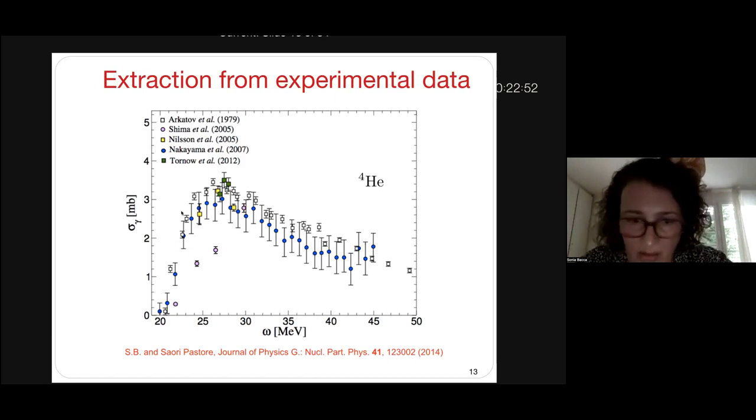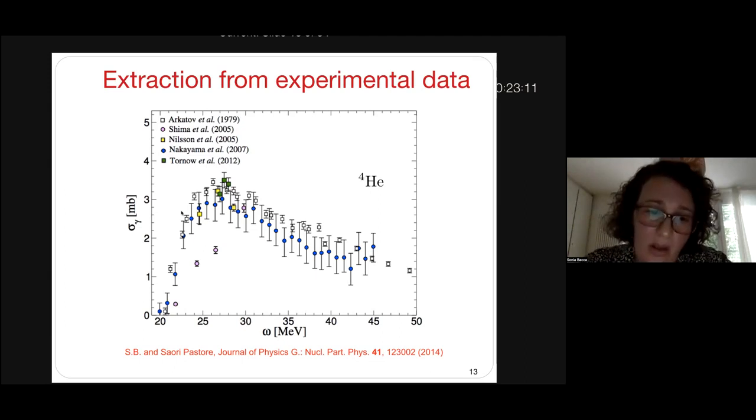That's a way to get a handle on the dipole response function. If you have that, you calculate a special sum rule and you have the leading order term of the two-photon exchange. But if you look at this figure, you see that experimental data have large error bars, and some of them are in disagreement with each other. So you already know that the value you will be able to extract will suffer from large uncertainties.